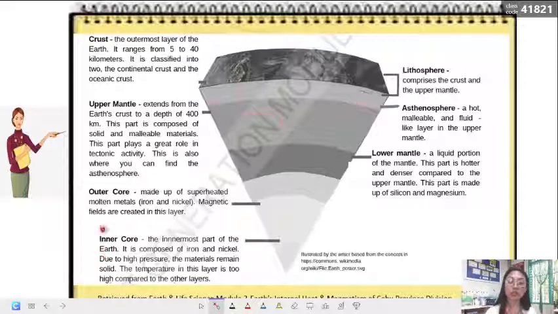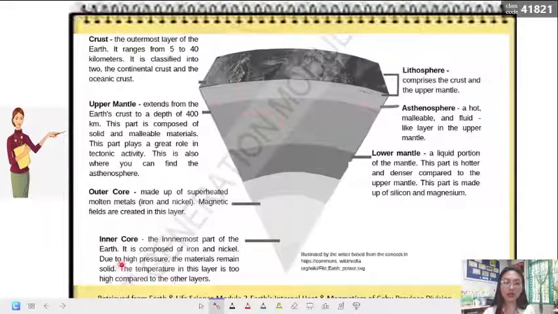outer and the inner. So what's the difference? Outer core made up of superheated metals, iron and nickel. Magnetic fields are created in this layer. So kani siya nga color, it's gray scale manggod siya, so dili siya maklaro. So inner core, the innermost part of the earth, is composed of iron and nickel.